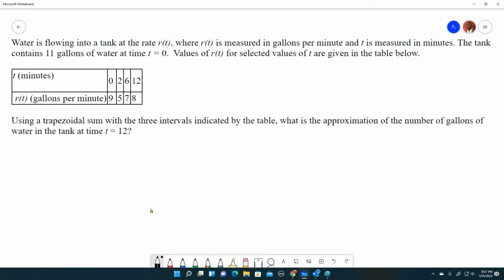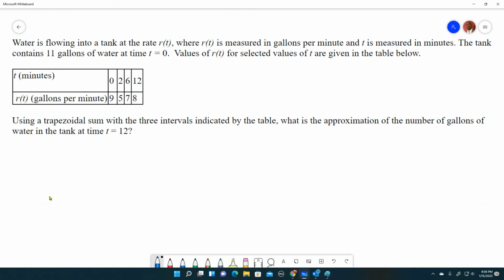One thing to be very careful about: we're going to find a trapezoidal sum for this situation, but we have to be mindful that there is already 11 gallons of water in the tank.